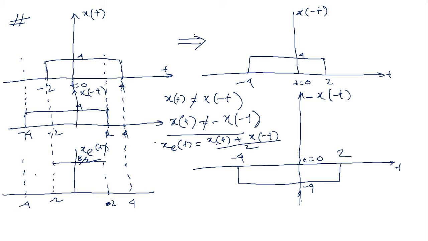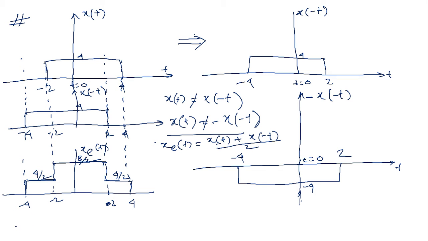Next, in between -4 to -2, the value is 0, and here it is 4. So 4 plus 0 equals 4, divided by 2. Here also 2: 4 plus 0 is 4, divided by 2. So the even part of x of t looks like this.